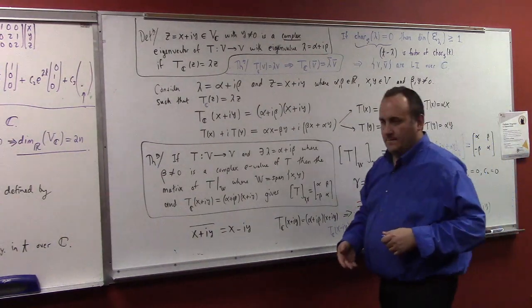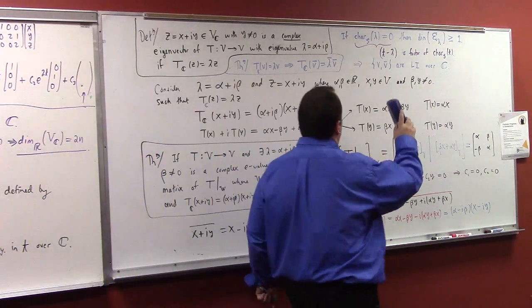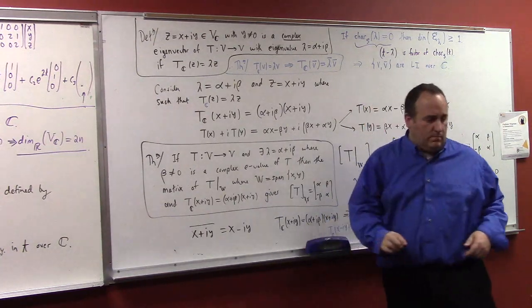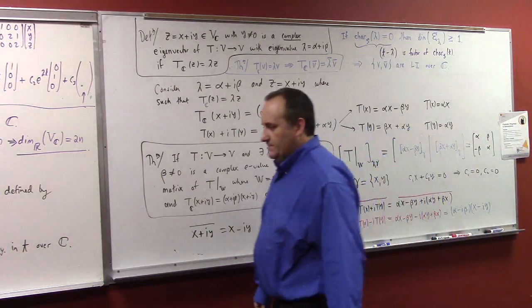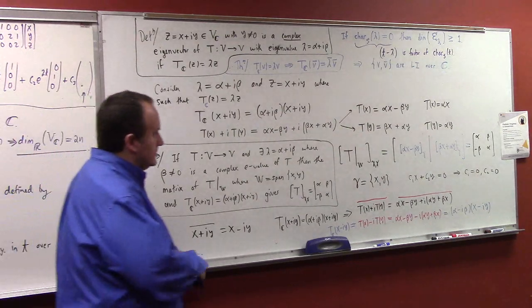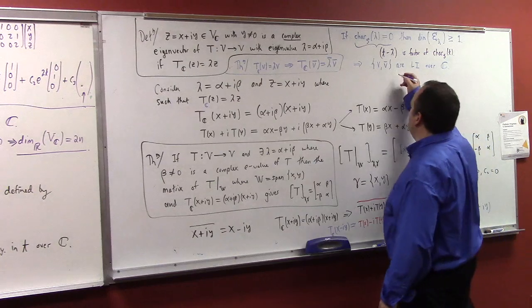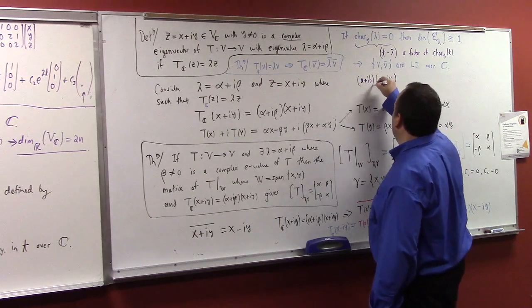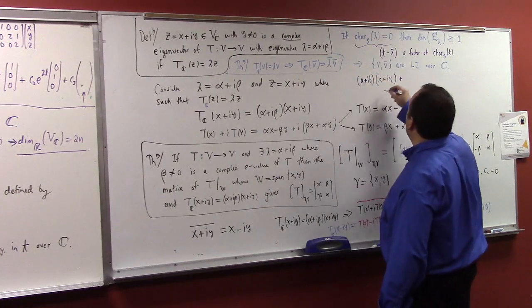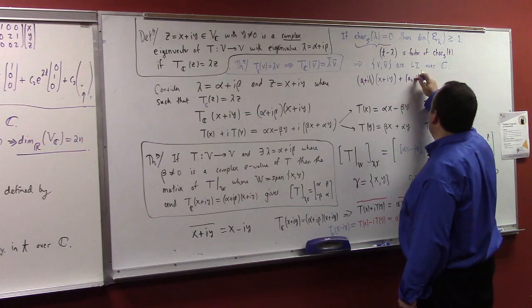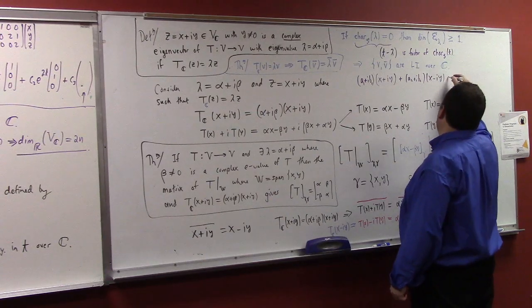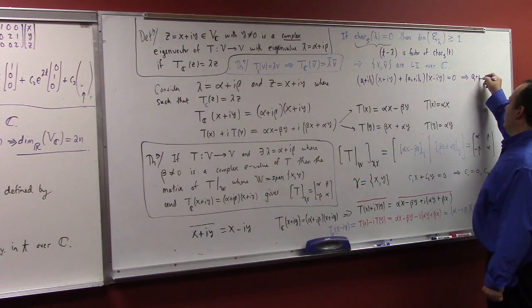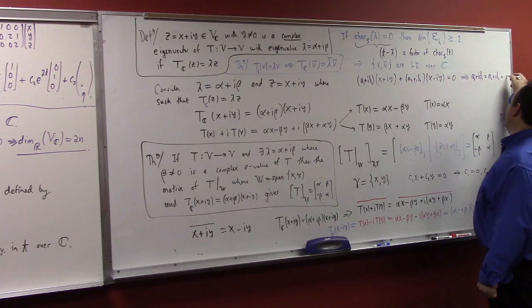But if you know that, what does that tell you? Well, notice that we've got x plus iy times a plus ib, plus a1 plus ib1, a2 plus ib2 of x minus iy equals 0 implies a1 plus ib1 equals a2 plus ib2 equals 0.